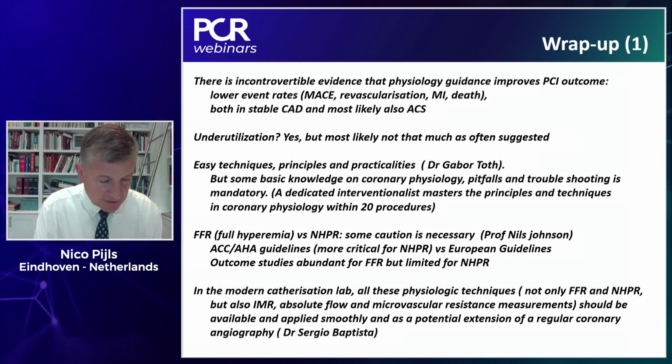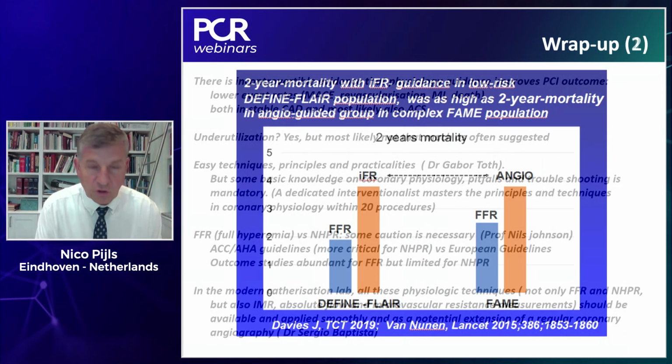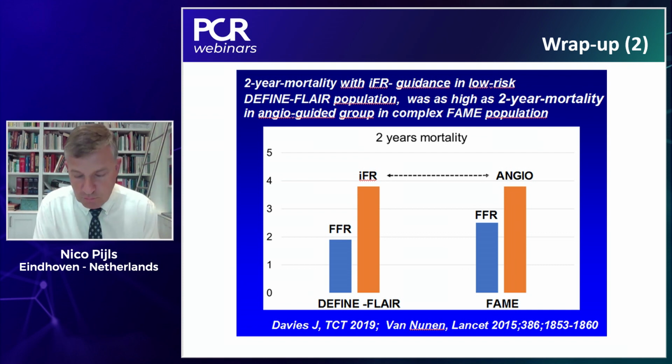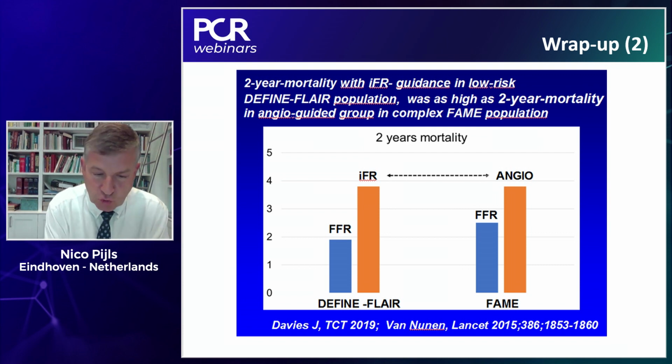Then there is the issue of FFR versus non-hyperemic indices, NHPR. That has been discussed by Niels, and personally, I would like to add a couple of slides to that discussion. In this slide, you see the 2-year mortality in the DEFINE-FLAIR study. These data have never been published, but they were merged in the publication with the 2-year follow-up data of the SWEDEHEART study, and thereby the high mortality in the iFR group was obscured.